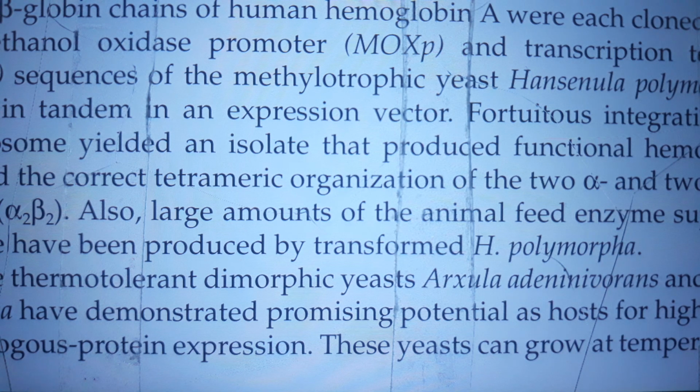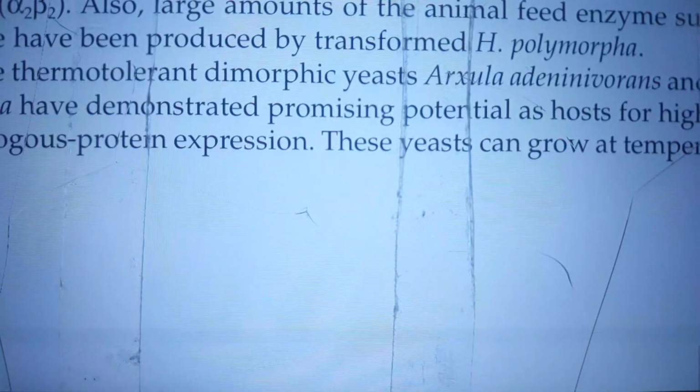Fortuitous integration into a chromosome yielded an isolate that produced functional hemoglobin that had the correct tetrameric organization of 2 alpha and 2 beta globin chains, alpha 2 beta 2.